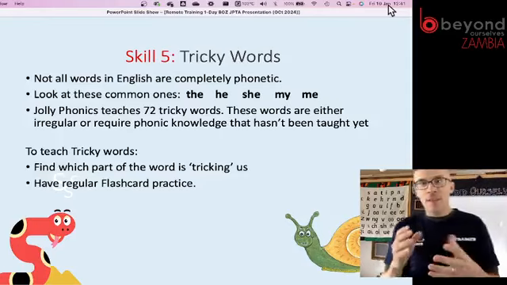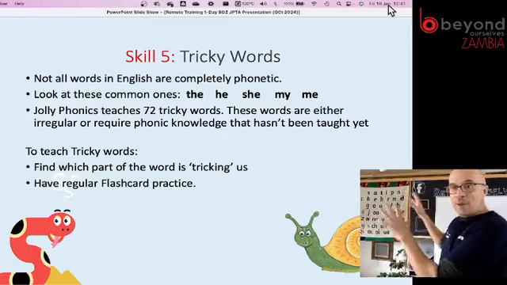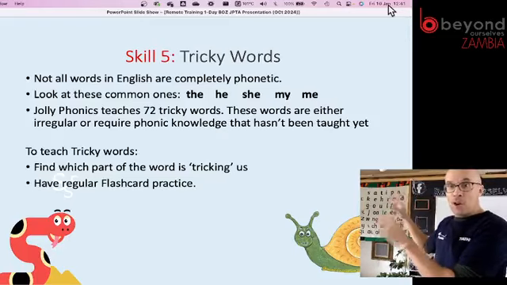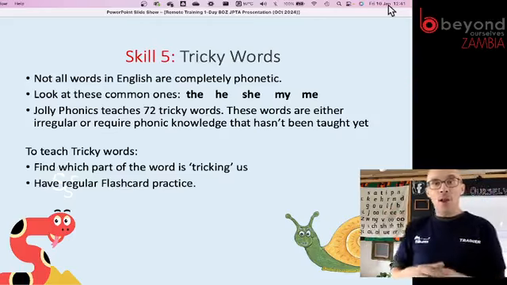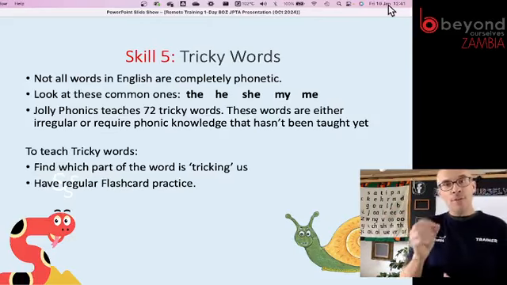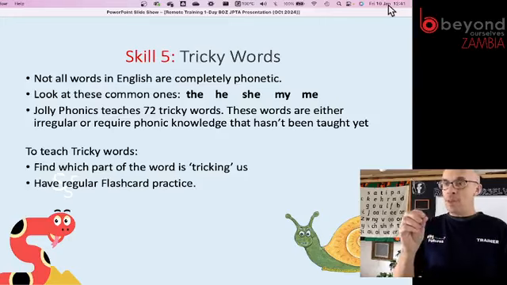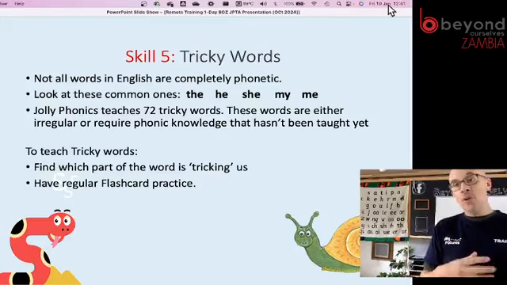So the key thing is, first of all, learning the sounds is great for most decodable words, but lots of words are not completely decodable, and there's a part of that word that's either irregular or it's using a spelling rule that you've not taught your learners yet.